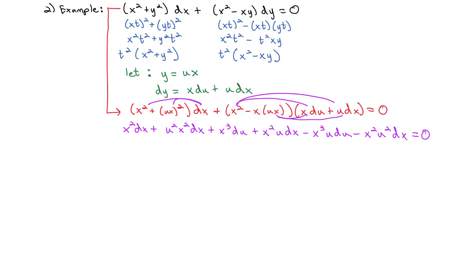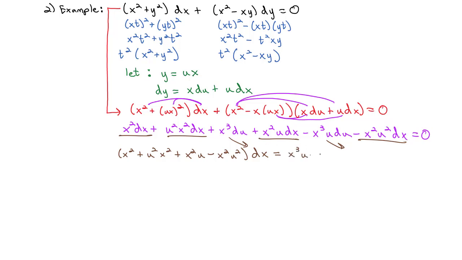Okay, what I'm going to do here is separate all the dx's. We'll keep them on the left side, and we're going to move all the du's over to the other side, because we're working on making it a separable equation. So we have x squared plus u squared x squared plus x squared u minus x squared u squared, all with the dx's, is equal to, coming onto the other side, all the du's: x cubed u minus x cubed, du.